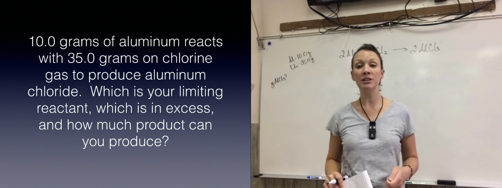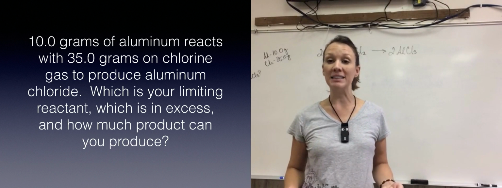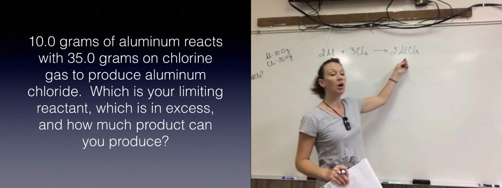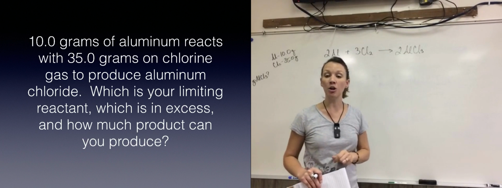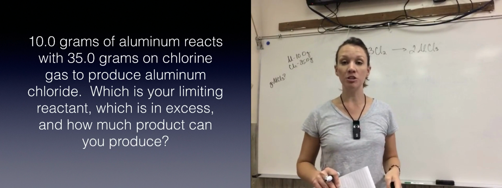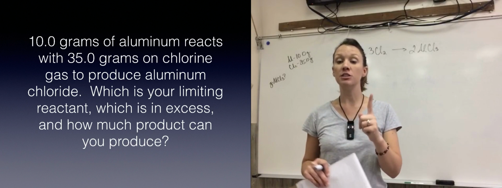In order to truly figure out what your limiting reactant is going to be, you need to do some mass-to-mass conversions. So lucky for us, we only have one product. Now remember what I said earlier, if you have multiple products, when you're doing mass-to-mass conversions, you need to make sure you choose only one product to do these conversions to.